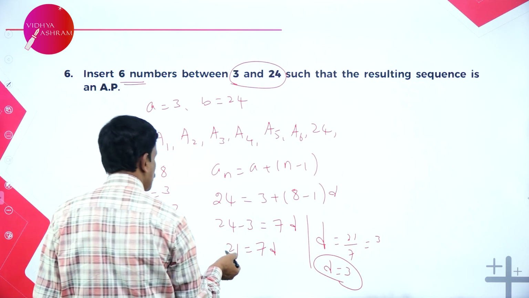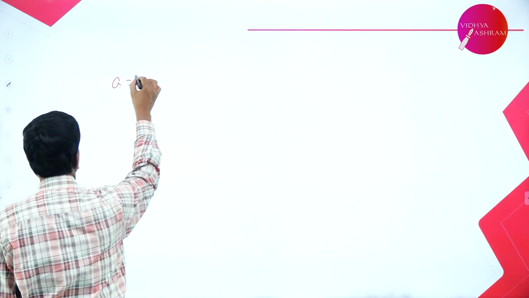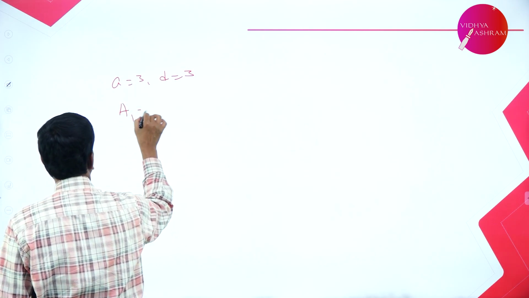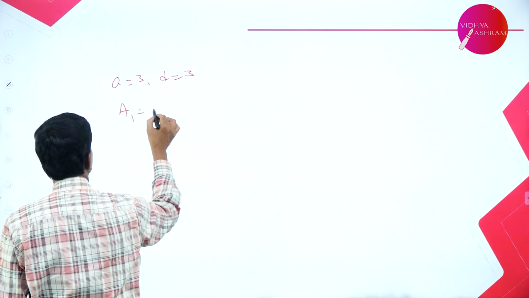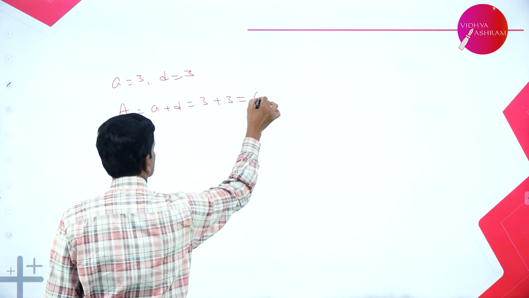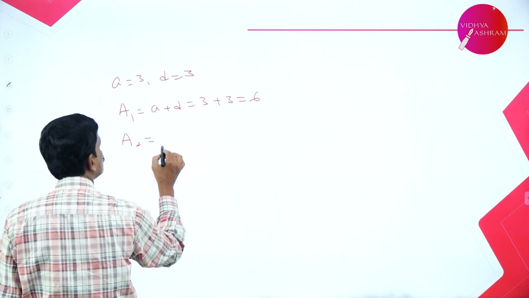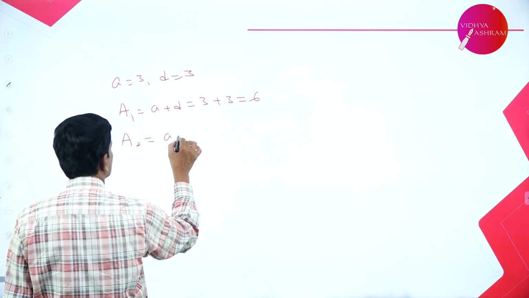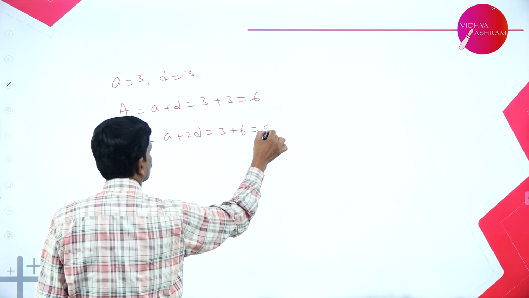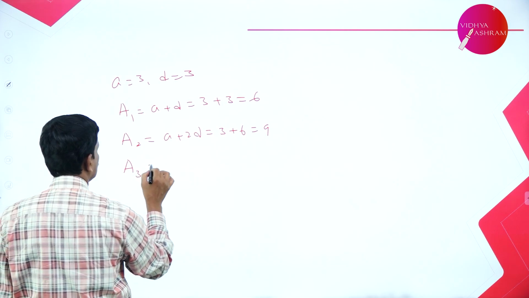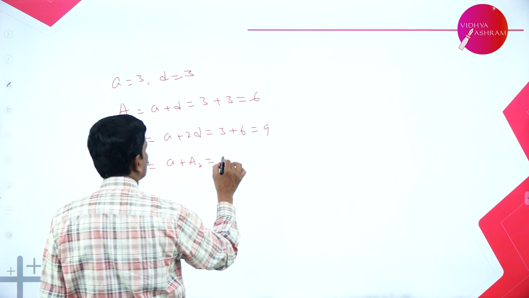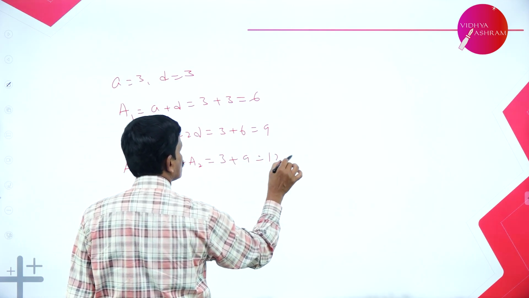The remaining 6 terms are, if a is equal to 3 and common difference is equal to 3, the second term A1 is a plus d, that is 3 plus 3, which is 6. Next term A2 is a plus 2d, that is 3 plus 6, that's equal to 9. Similarly, A3 is 9 plus 3, 12.